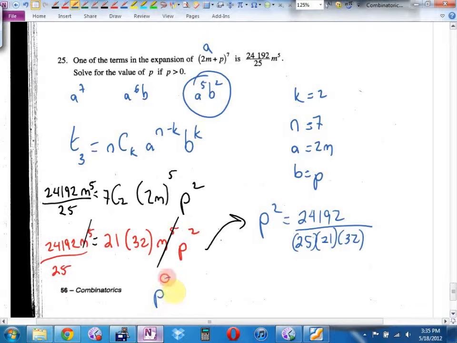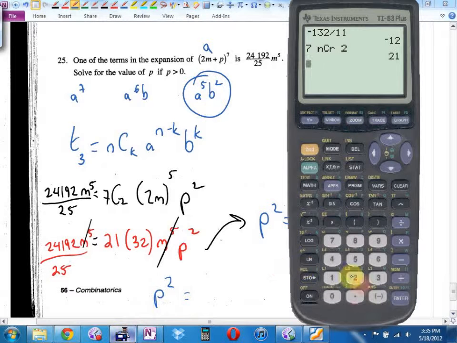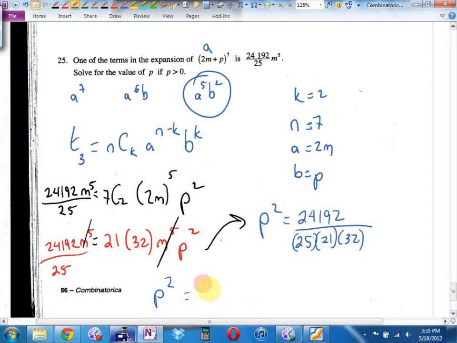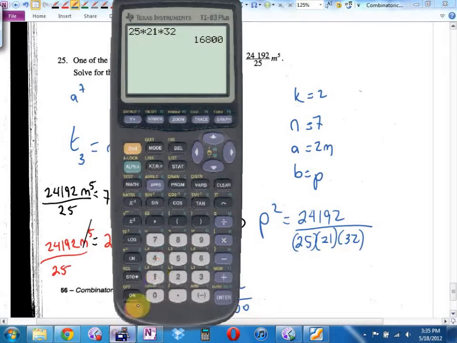P squared is going to end up being 24192 all over, what is on the bottom? 25 times 21 times 32, 16,800. P squared is 1.44.